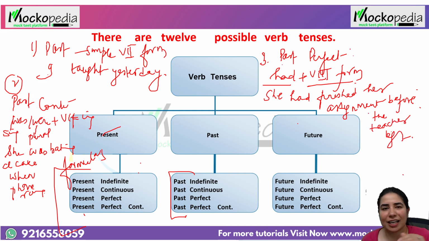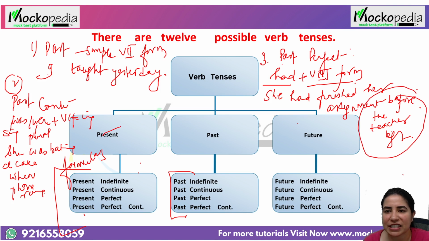So an action that has been completed before a specific time in the past. When we learn the usage, I'll put more emphasis on it. I hope you are clear. So you could have altered it as they had finished their assignment before the teacher left. In case you would want to know whether the subject is singular or plural, there would be no variation in this particular form, right?